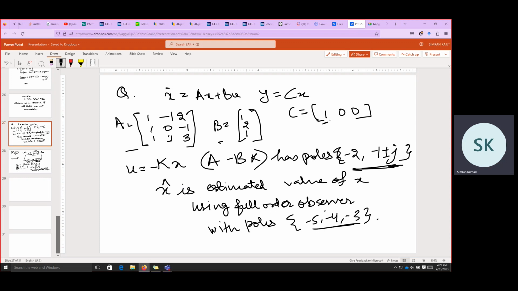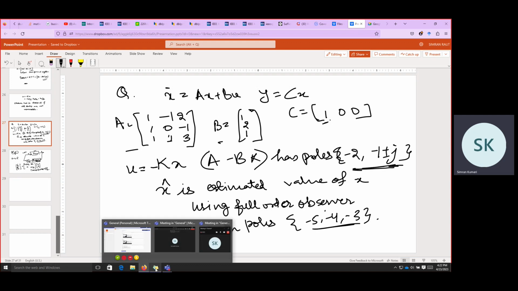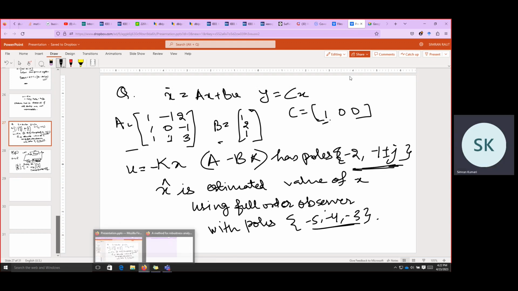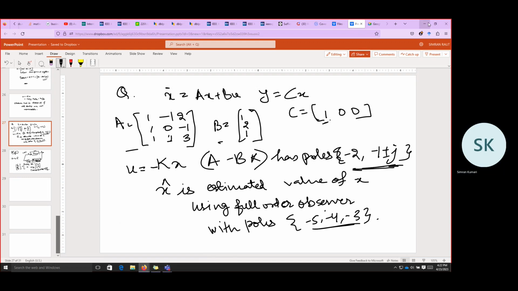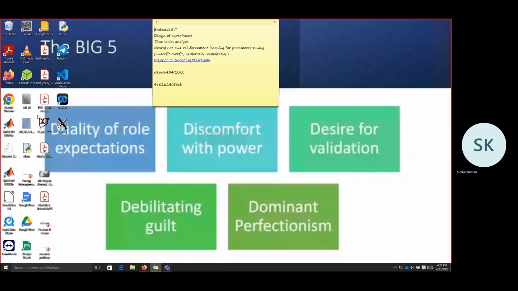We'll just use this. In the earlier examples, we have done the calculations. Now for this part, we'll just use MATLAB.